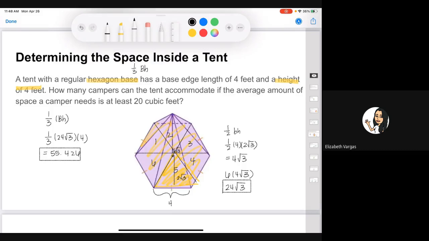So whenever I'm looking for the volume of my pyramids, what I want to look for is the area of my base and the height, and then I'm multiplying the area of my base times my height times 1/3 for a pyramid.